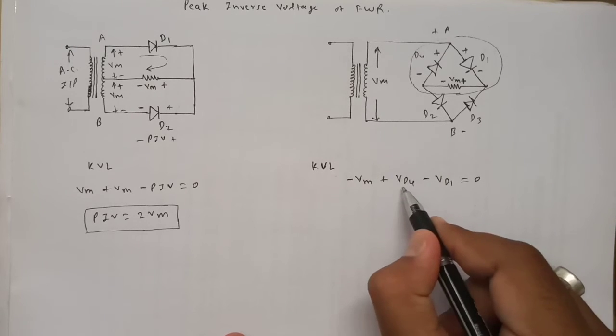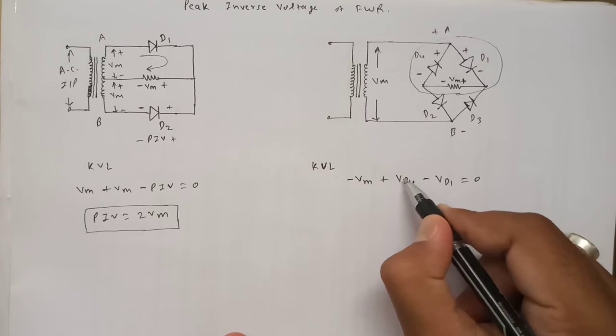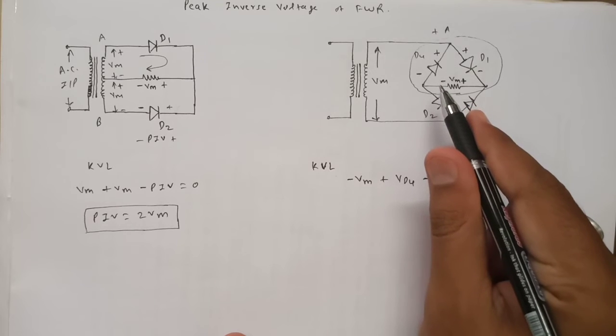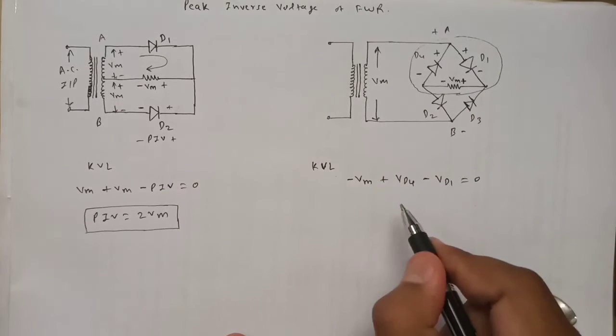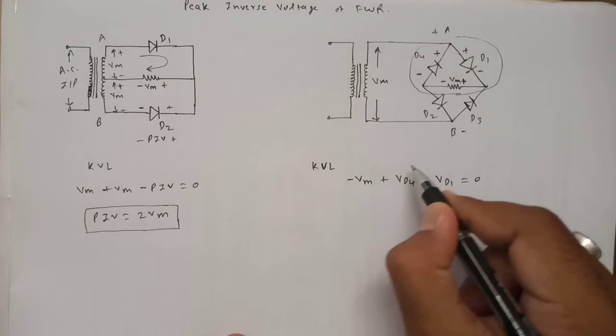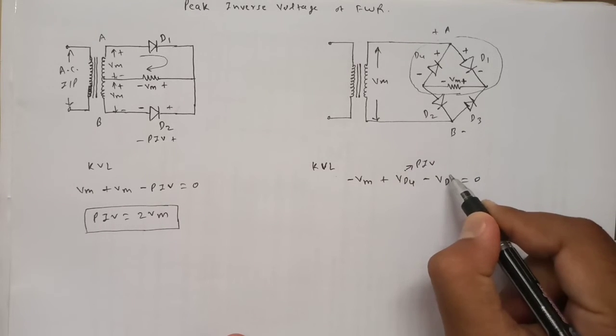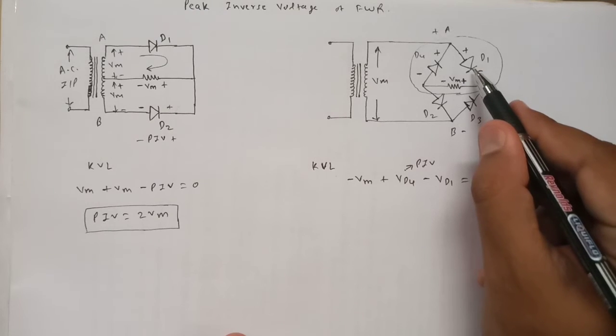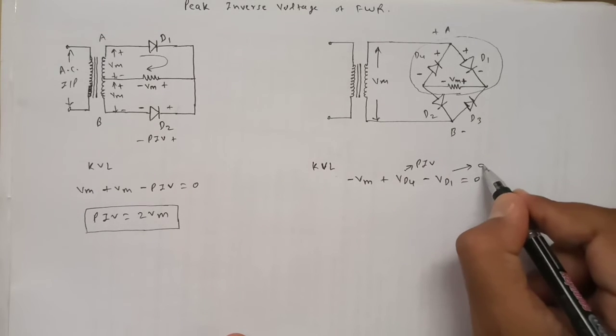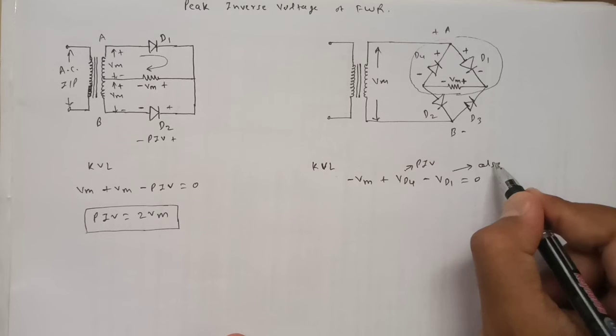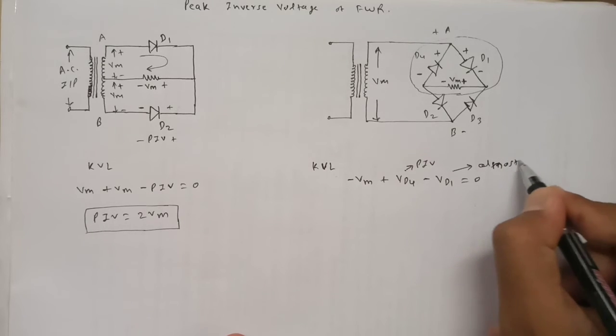Now what are VD1 and VD4? VD4 is nothing but the reverse voltage applied across this diode, so that is nothing but the peak inverse voltage. So VD4 is the PIV, right? And what is VD1? VD1 is the voltage across diode D1 when it is forward bias, so it can be almost 0.